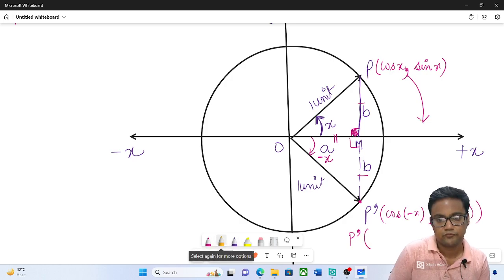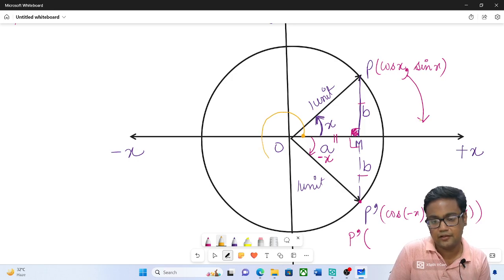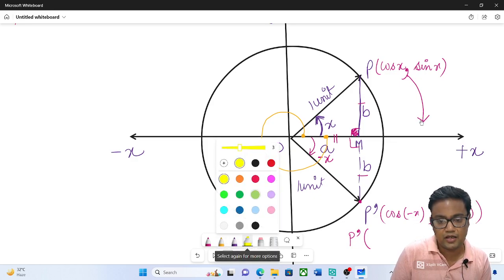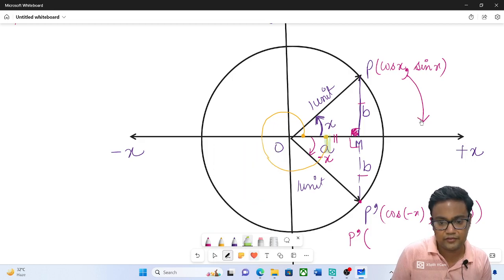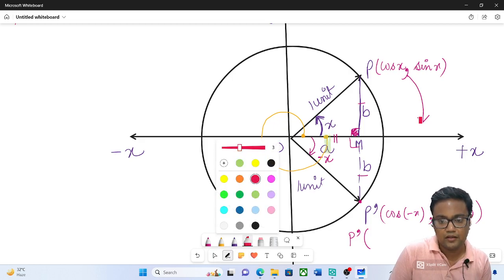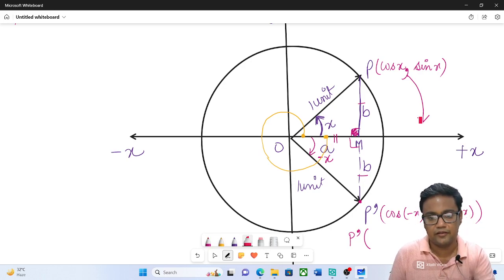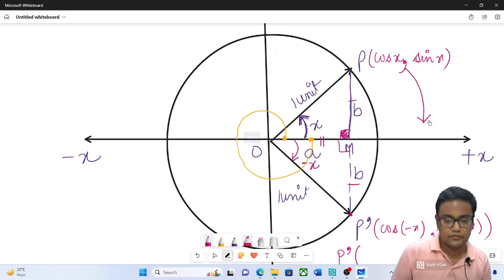Starting from the positive direction of the x-axis here, see this yellow dot, I am making a turn in anti-clockwise direction, and I am reaching that positive direction of the x-axis again. But from that positive direction of the x-axis, I am coming back here.